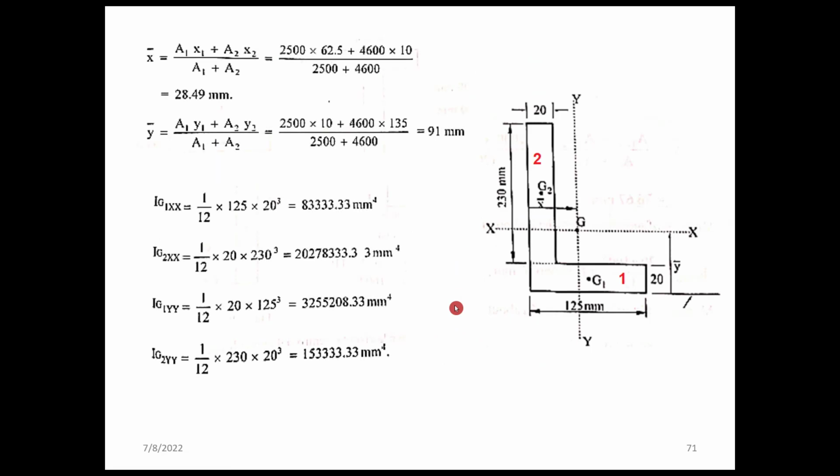Now coming to the calculation of moment of inertia, these are the explanations of x bar and y bar. You know this equation, A1 x1 plus A2 x2 by A1 plus A2, and similarly for the y bar calculation.